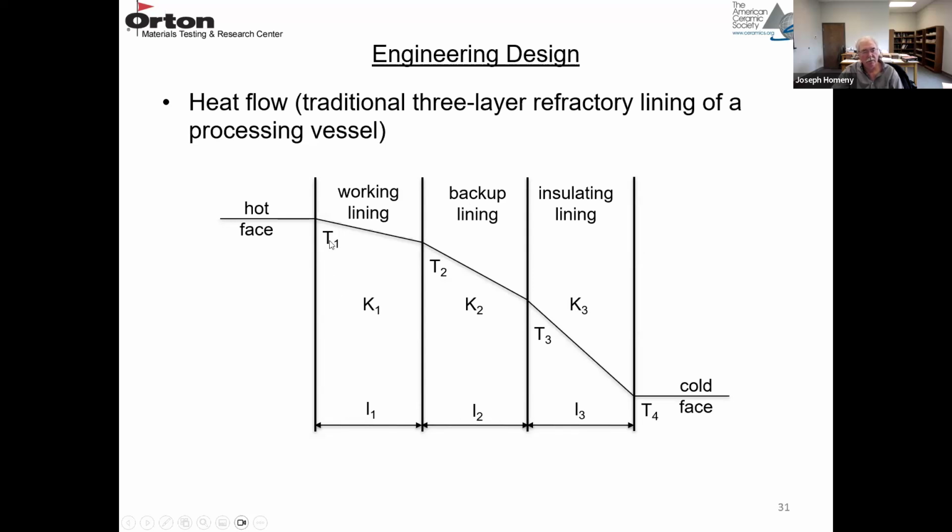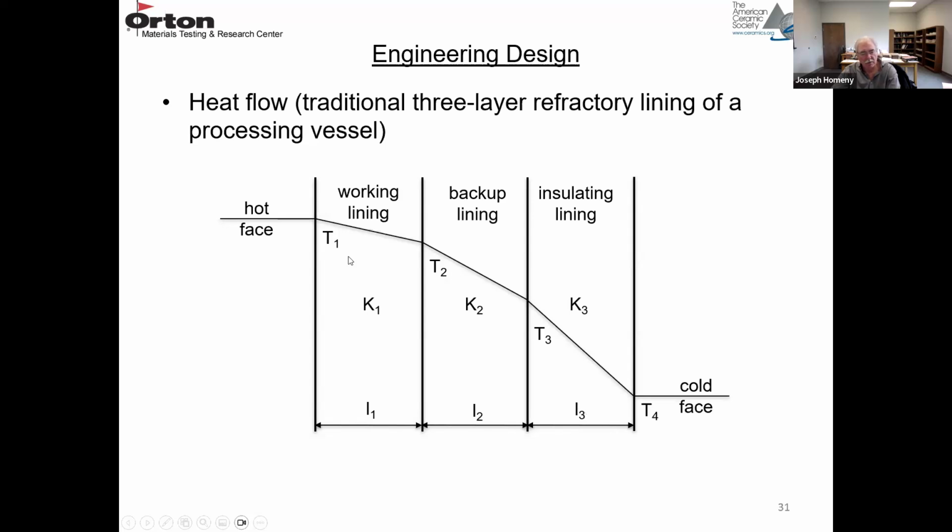So there's a hot face temperature T1, a cold face temperature T4, and now you have two interfaces. The temperature between the working lining and the backup lining would be T2, and the temperature between the backup lining and the insulation lining will be T3. So depending on the conductivities and the thicknesses, these temperature profiles will be altered.